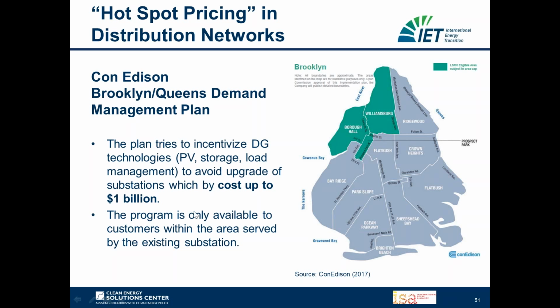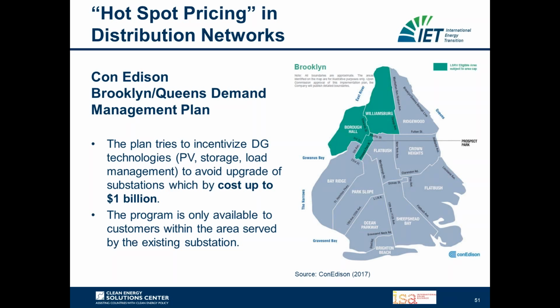Here's just one example from New York, from Brooklyn, where we saw some hotspot pricing which was tested. There was the so-called Con Edison demand management plan, which tried to incentivize distributed generation technologies, including solar PV, to actually avoid upgrade cost for the substations within the area.